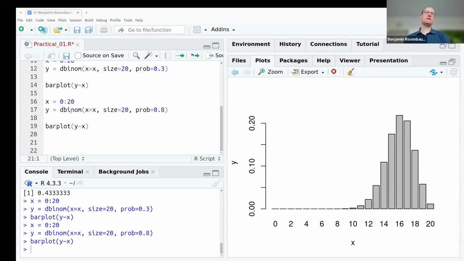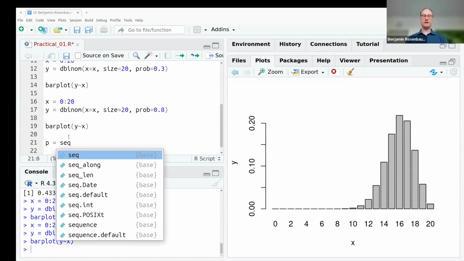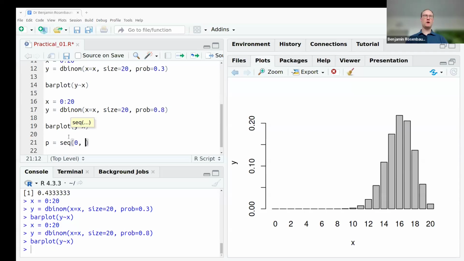But in this case, x is known, and now the probability is unknown. So for each of my values p, I want to calculate this function. So this is now a sequence from 0 to 1.